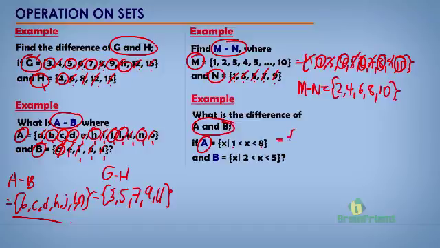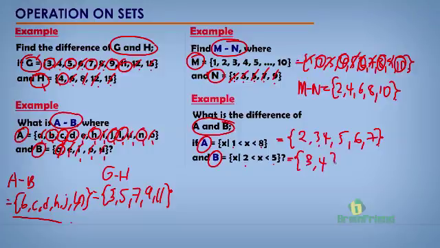If we listed our set A out, we'd have 2, 3, 4, 5, 6, and 7. If we also listed out our set B, which is the set of all x such that x is in the range between 5 and 2, we would have x as 3 and 4.